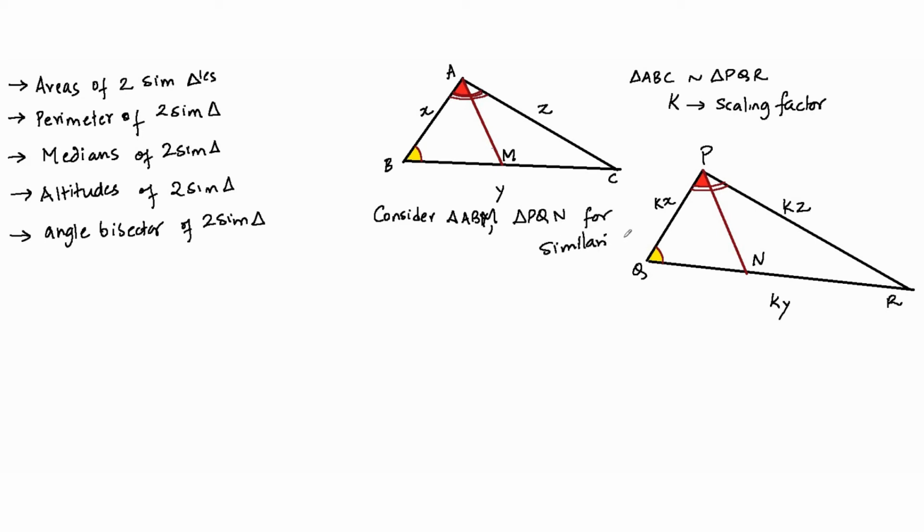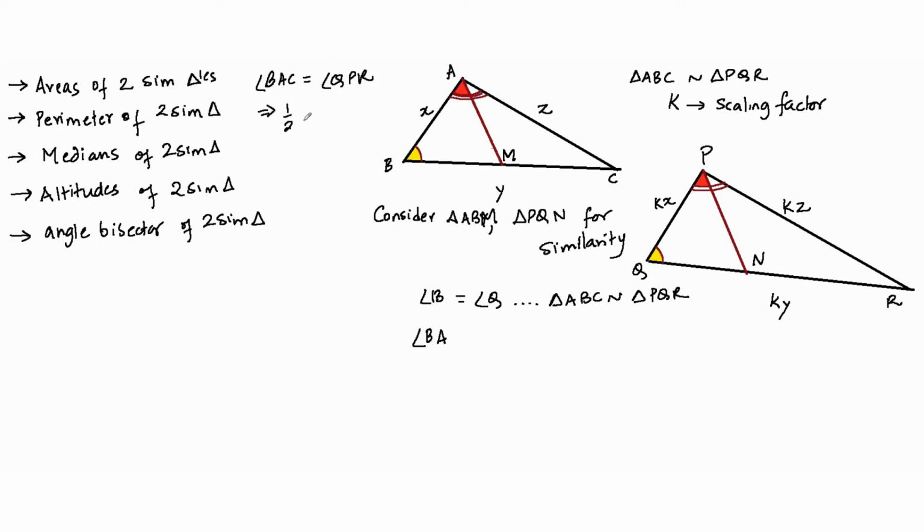Okay, let us see what all quantities are equal. First of all, angle B is equal to angle Q, and this is because triangle ABC is similar to triangle PQR. Secondly, I know that angle BAC is equal to angle QPR.